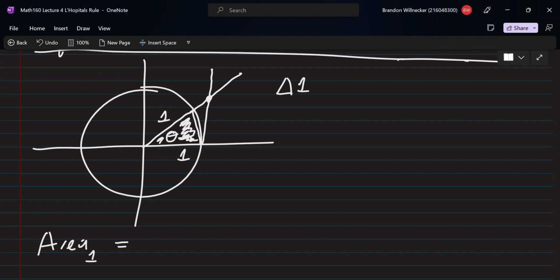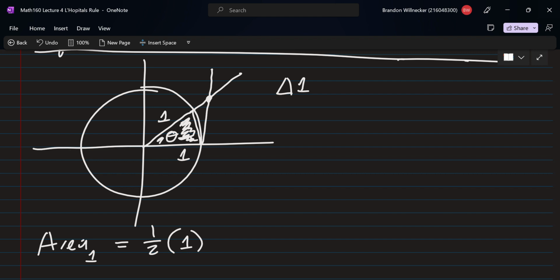The area is going to be half base times height. The base is 1, because that's just the radius. The height is the vertical part of that triangle, which is the hypotenuse times sine theta.